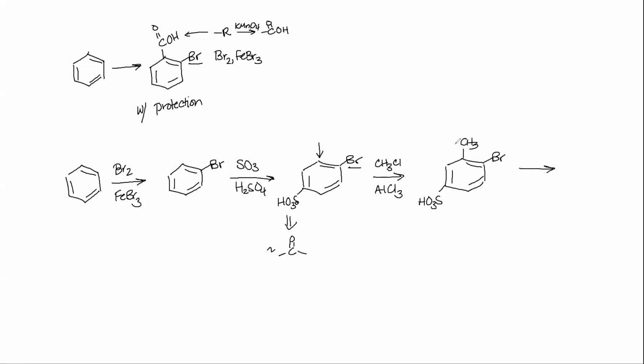So now what we'd want to do is convert the methyl group to a carboxylic acid with KMnO4. That's going to make the carboxylic acid group. I'm still protected down here. And then to remove the SO3H group, we just use steam.